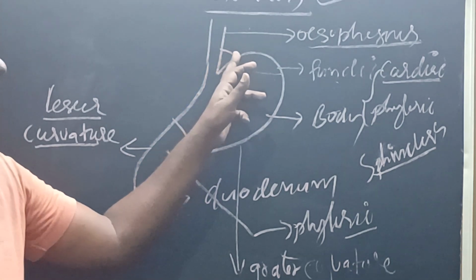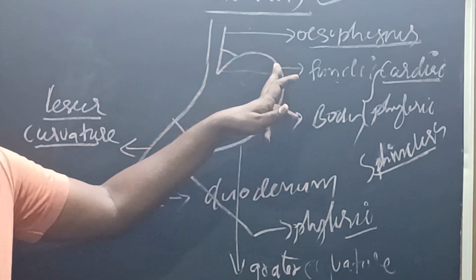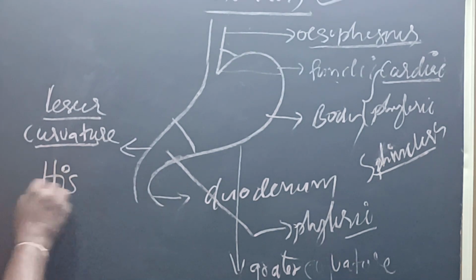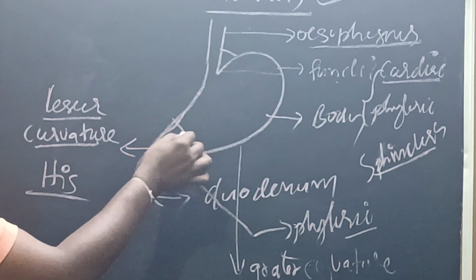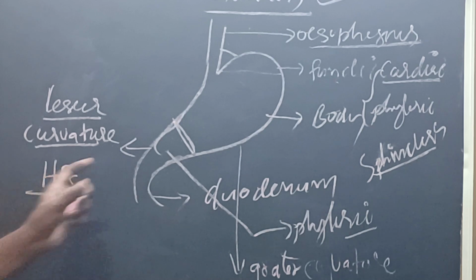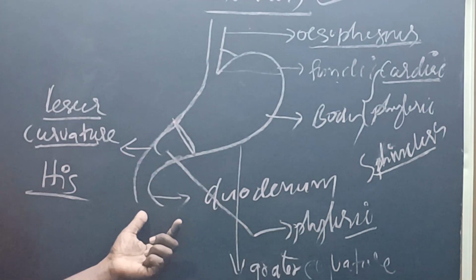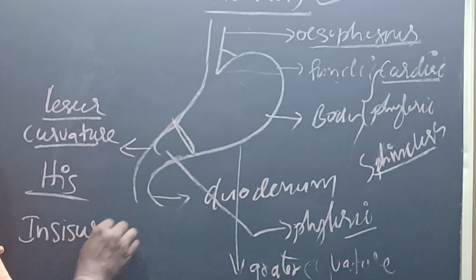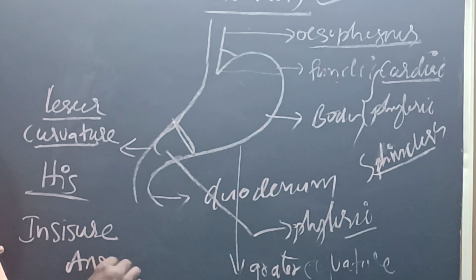The angle between the esophagus and the greater curvature is called the angle of His. Here is one more angle, between the pyloric part and the duodenum. This is called the incisura angularis.